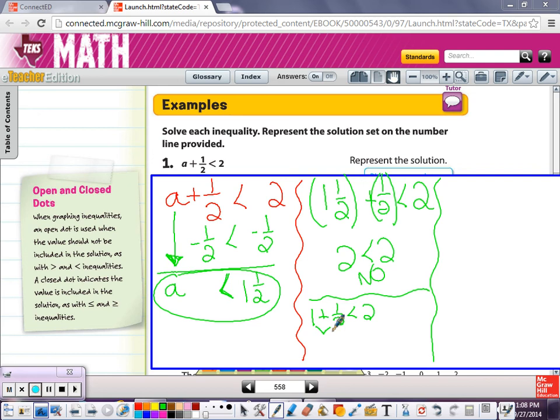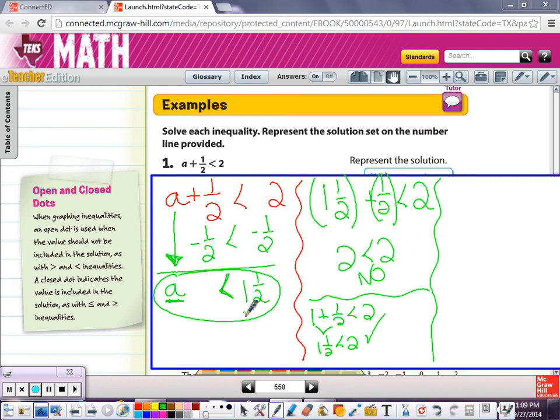Let's add this. 1 plus a half, well, that's 1.5. Is 1.5 smaller than 2? Yes. That means we can plug in any number we want for the letter A, provided that it is smaller than 1.5. I can pick 1, I could pick a half, I could pick 0.1, 0.2, whatever I want. I can even pick negative numbers, because remember, negative numbers are all smaller than positive numbers. So I have an infinite number of answers.